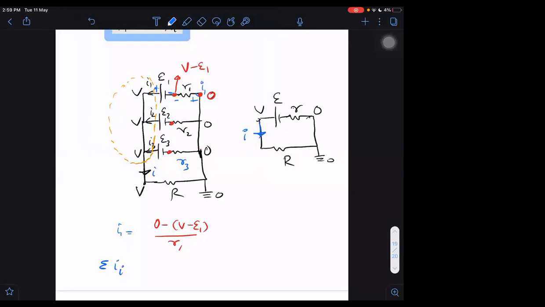Sigma Ik, k varies from 1 to 3 in this case, but in general it could be 1 to n, is equal to sigma Ek divided by Rk minus V, taking common, sigma 1 by Rk, k varies from 1 to n. Let us say n resistors are there, n I am taking.